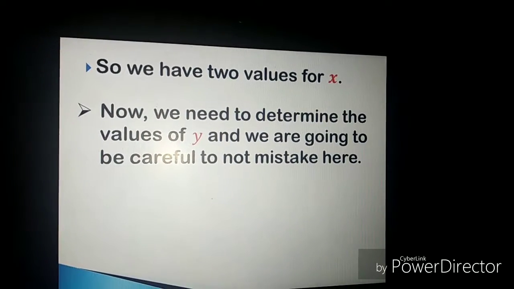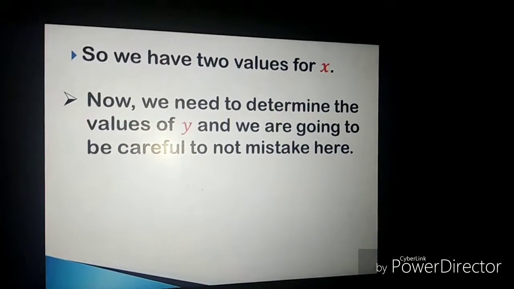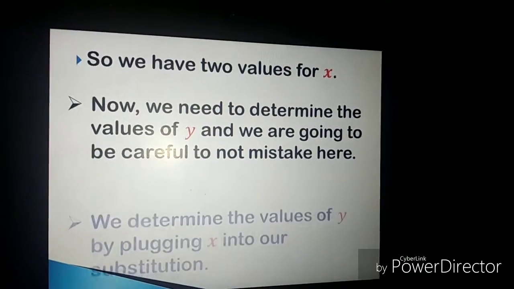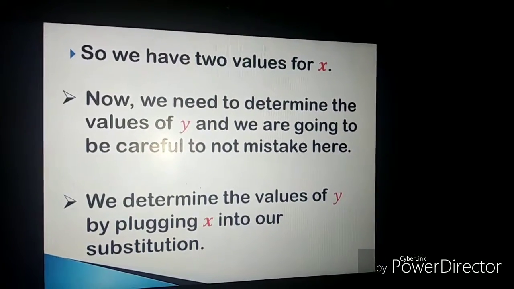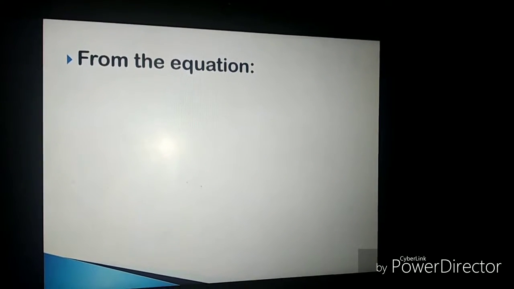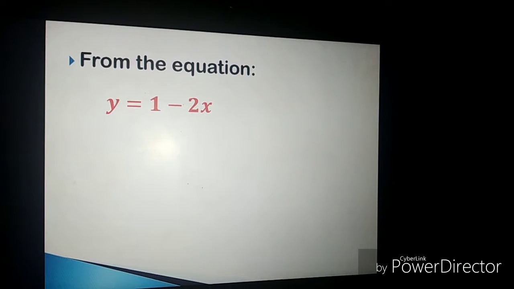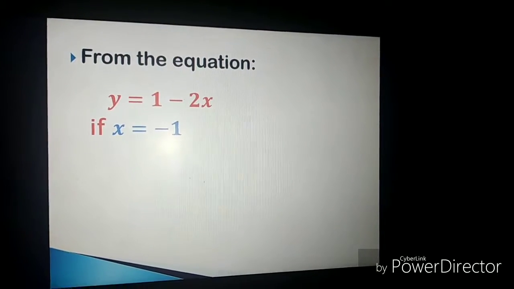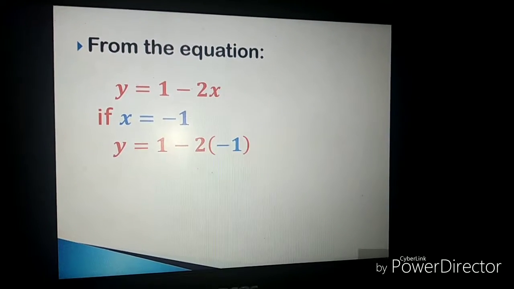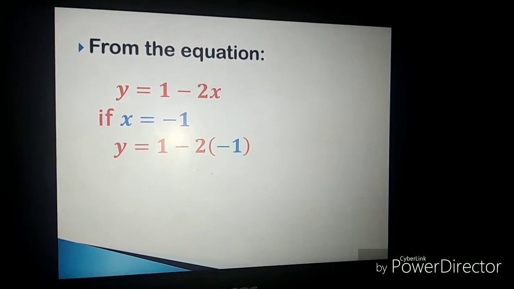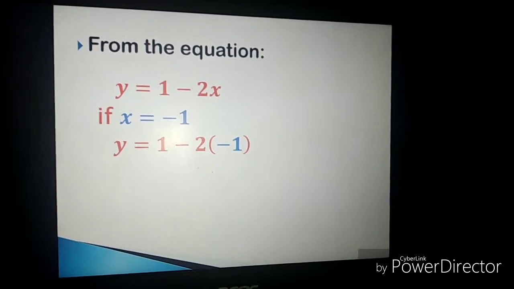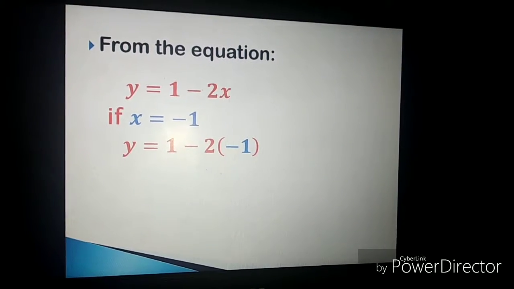Now we need to determine the values of y, and we are going to be careful not to make a mistake here. We determine the values of y by plugging x into our substitution. So from the equation, y is equal to 1 minus 2x, if x is equal to negative 1, y is equal to 1 minus 2 times the quantity of negative 1, which is the substituted x.